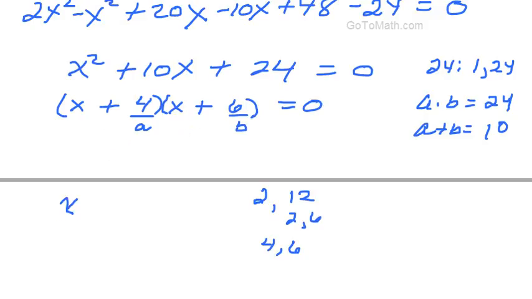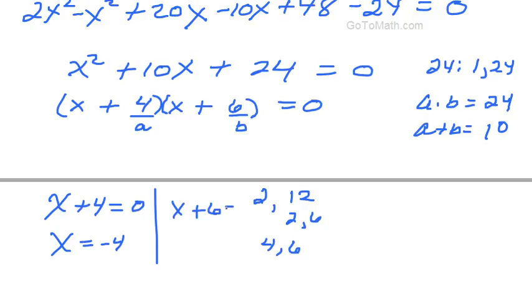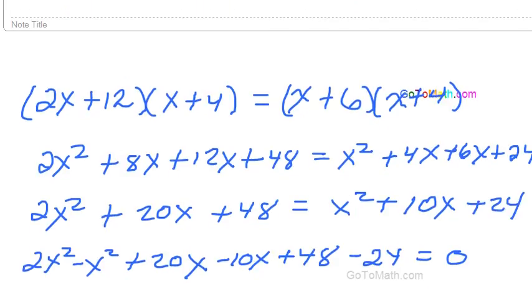That means that x is, let's see, wait a minute, I'm getting ahead of myself here. Setting x plus 4 equal to 0, x is equal to negative 4, and then setting x plus 6 equal to 0, that's going to be x equal to negative 6. Negative 4, negative 6.